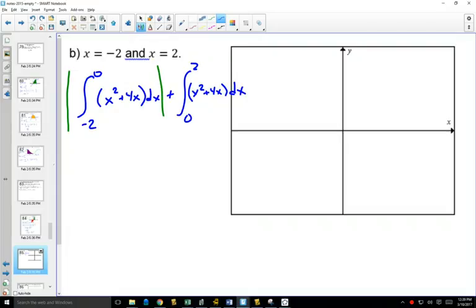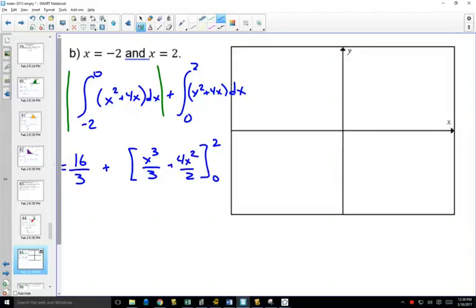Since we already calculated this part, is it okay if I just write that as 16 over 3 to start with? Yes? And now we're going to have to add, well, this is still x cubed over 3 plus 4x squared over 2 from 0 to 2.